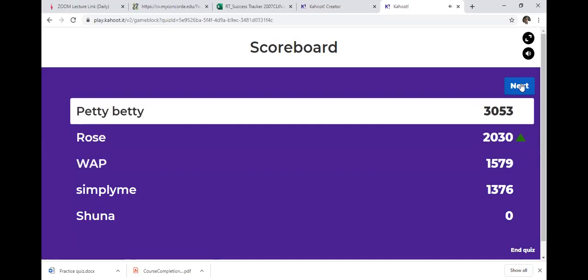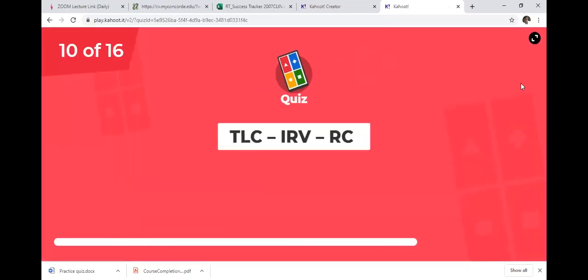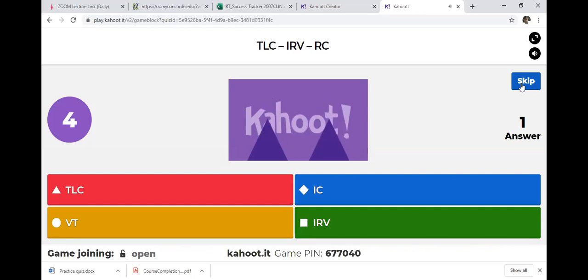Rose coming on up. Number 10 of 16. TLC minus the IRV minus the, should have been IC. This is probably a bust. I put the question in wrong that time, y'all. I don't even know what I meant to put.